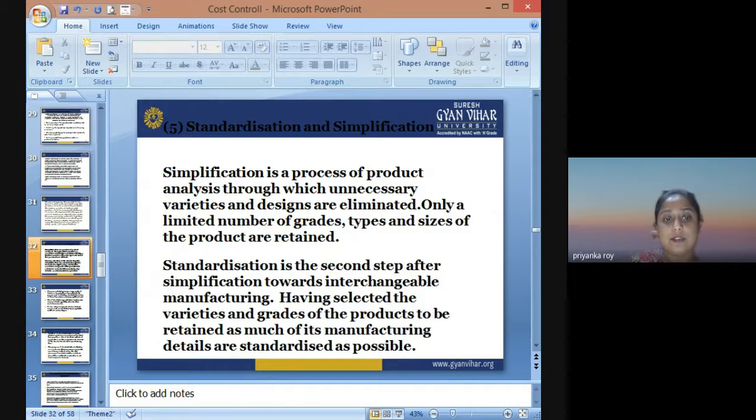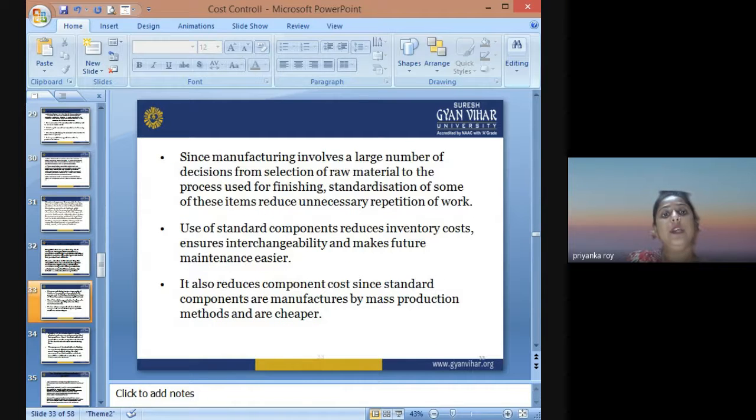Having selected the varieties and grades of products to retain, as much of the manufacturing detail as possible is standardized. Since manufacturing involves a large number of decisions, from selection of raw materials to processes used for finishing, standardization of some of these items reduces unnecessary repetition of the work. Use of standard components reduces the inventory cost, ensures interchangeability, and makes future maintenance easier.